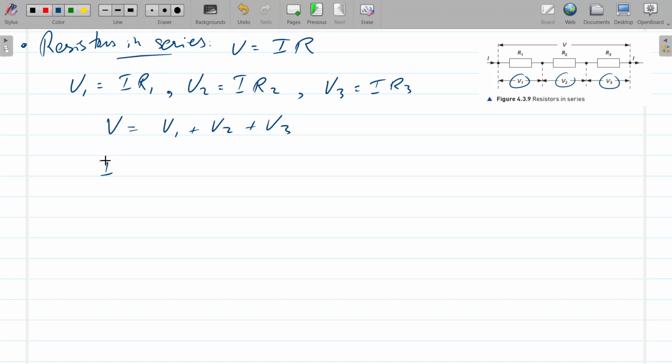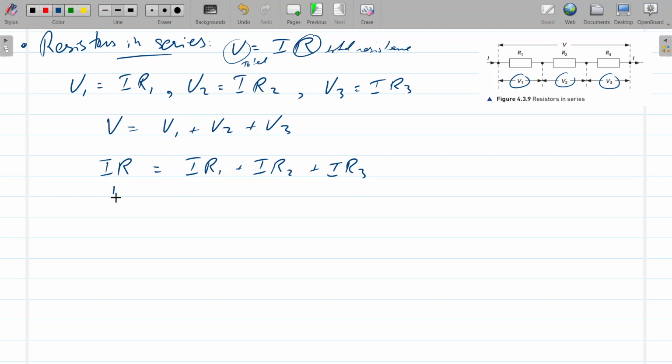So we get IR, that's the total voltage, equals IR1 plus IR2 plus IR3. So this is total voltage, or total potential difference, and this is total resistance of the circuit, and the current is the same.